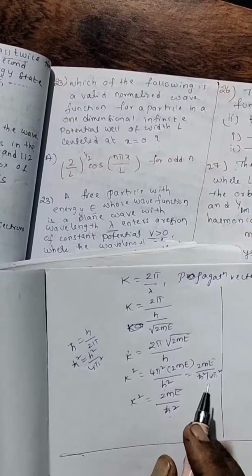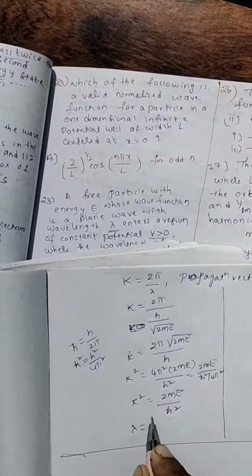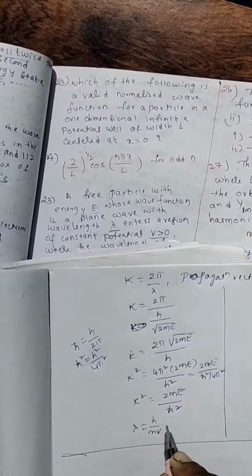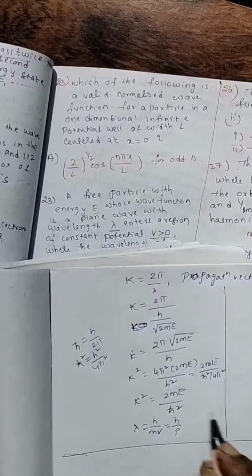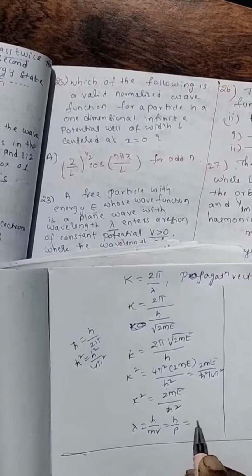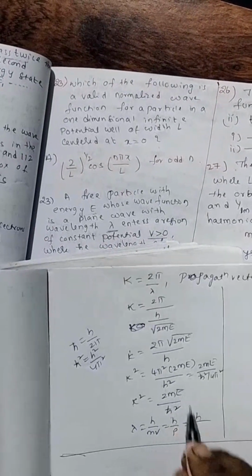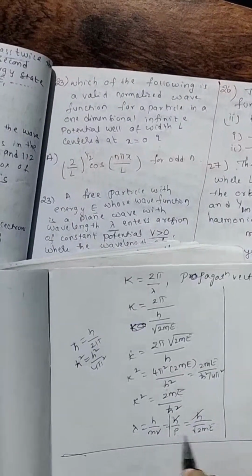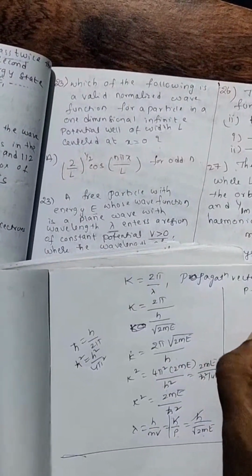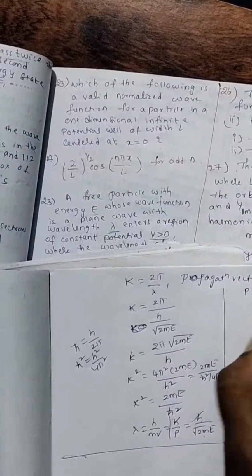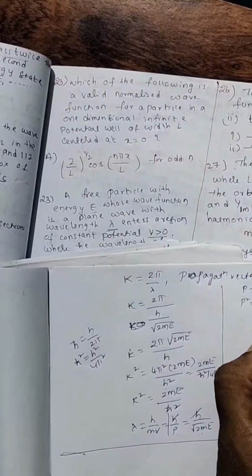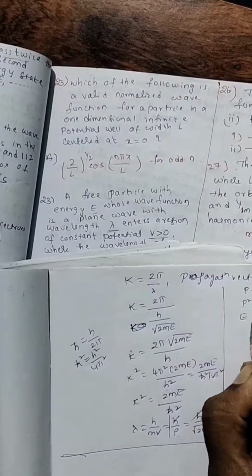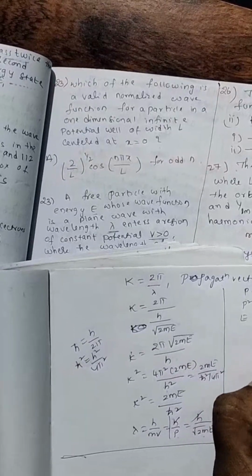Now energy versus momentum. Lambda is equal to h by mv, that is h by p. Same lambda is equal to h by root 2mE, so p is equal to root 2mE, p square is equal to 2mE, and E is equal to p square by 2m.